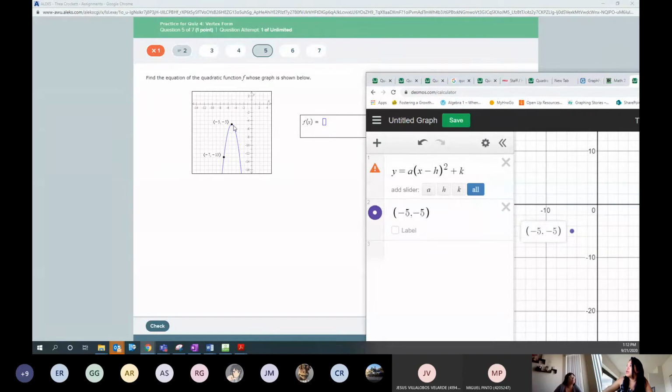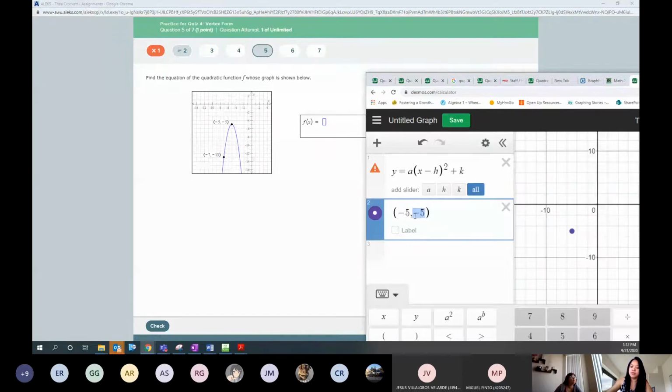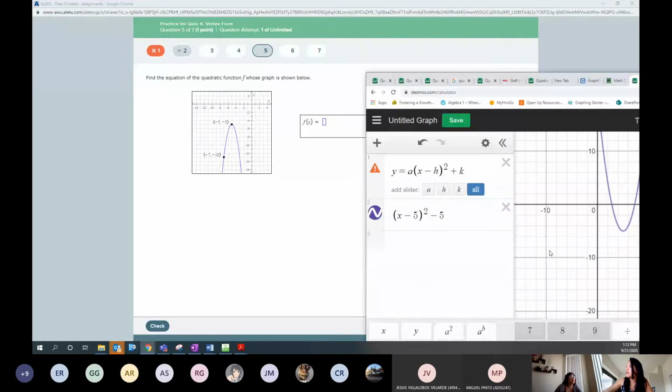So this parabola, this -5 and -5 is your h and the k. So I'm just gonna put this -5 outside, because that's where the k is, outside the parentheses. And inside the parentheses, I'm gonna put the x, and then this one should be squared.